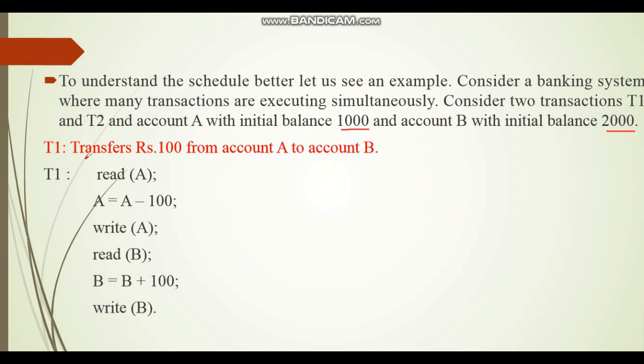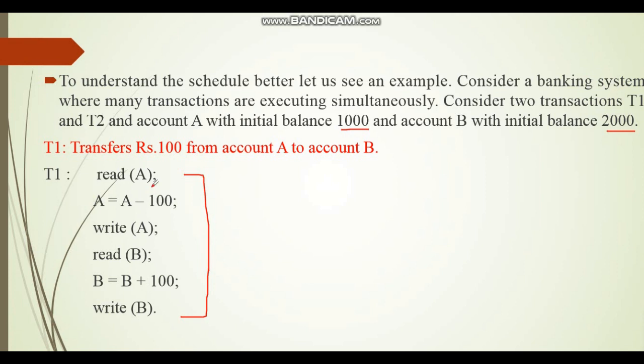Here you can see T1 transfers rupees 100 from account A to account B. These are the instructions it is executing for transferring rupees 100 from account A to account B.